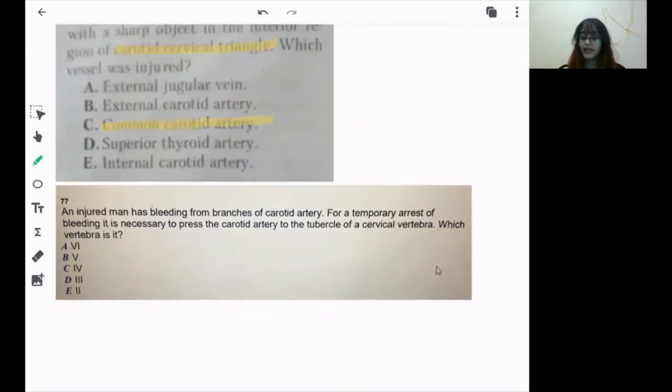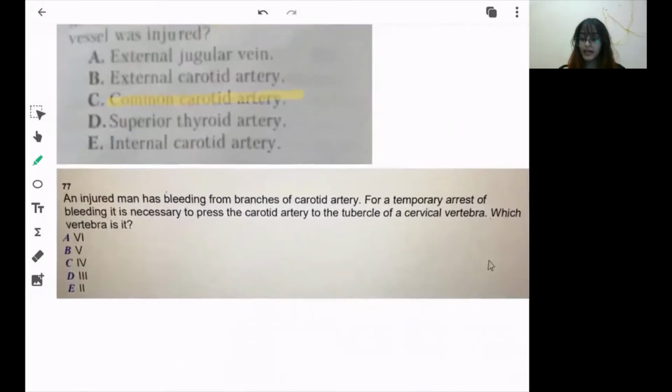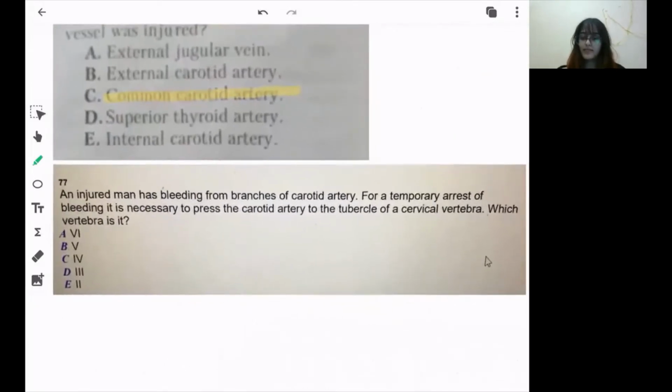Another point related to the carotid arteries, this is a question from base, is that if there is a bleeding from carotid artery, it can be pressed against the tubercle of the sixth cervical vertebra. So the sixth cervical vertebra has a carotid tubercle.